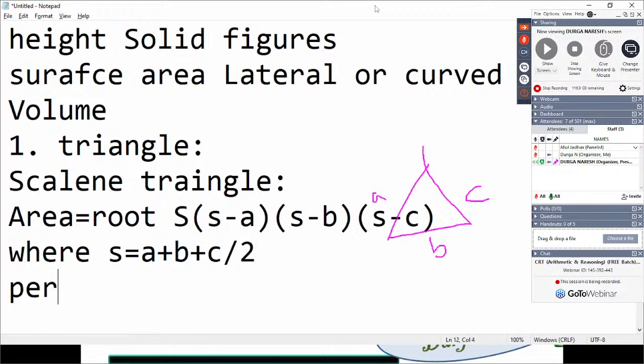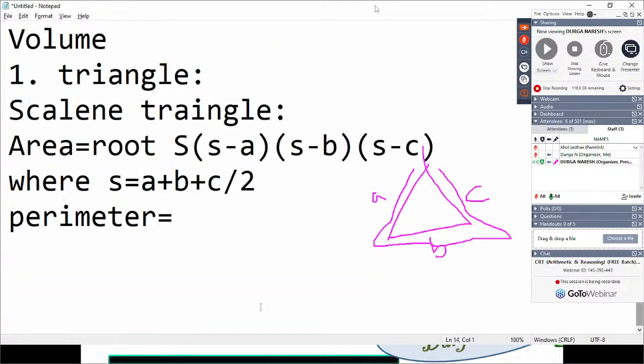Second one, perimeter. Perimeter is nothing but the length of the boundary. There are three sides: this is one length a, this is another length b, this is another length c. What is the total length of this boundary? a plus b plus c.